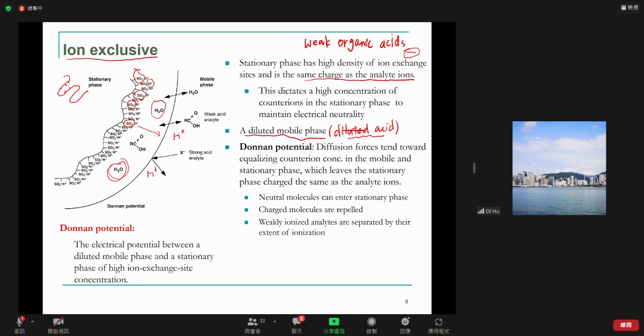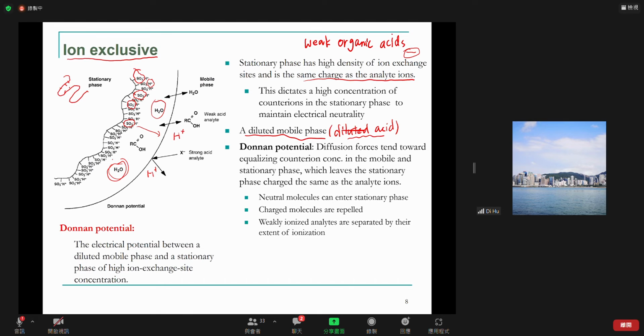So if it's a very weak acid in this diluted acidic condition, it will be in the neutral form instead of the ionized form, right? Okay, so it's a neutral form, then it's possible. It can diffuse into the water, but it will not bind here. Negative charge, no, right? Okay, diffuse in and diffuse out. So it takes time to go through the column, right? Okay, diffuse into the water.